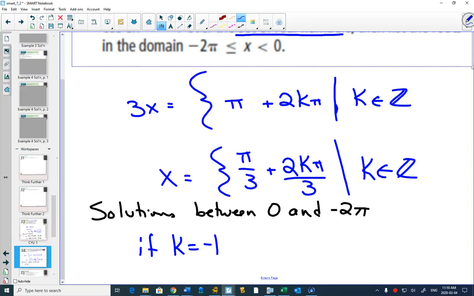Try -1. If I did -1, I would get pi over 3 minus 2 pi over 3. Common denominator already, I can subtract. And I get -pi over 3.